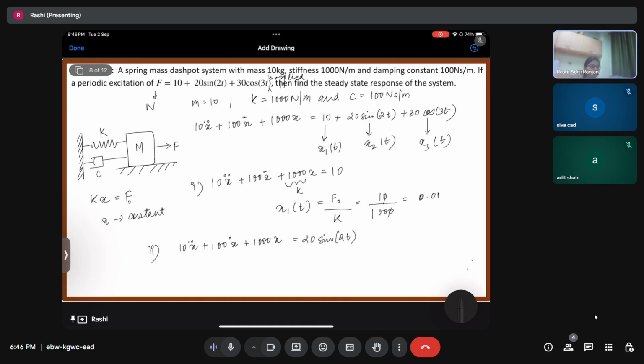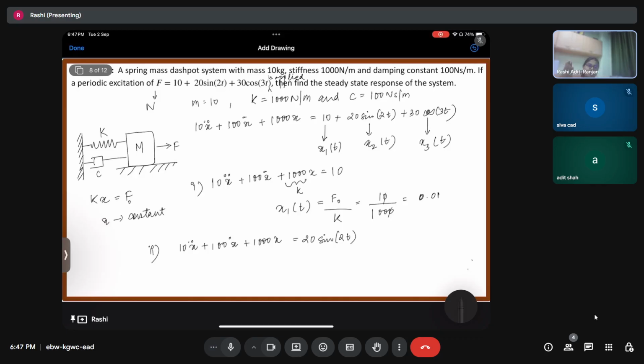Now, for a second order differential equation, we basically solve this kind of equation by finding the complementary function and the particular integral, and then that is going to give us the whole solution. If you remember, the complementary function was concerned about the transient response of the system, and the particular integral was concerned about the steady state response, the response of the system because of the forcing function.